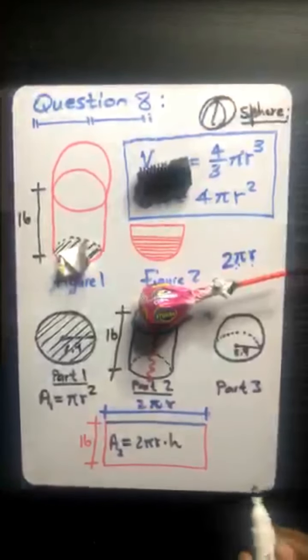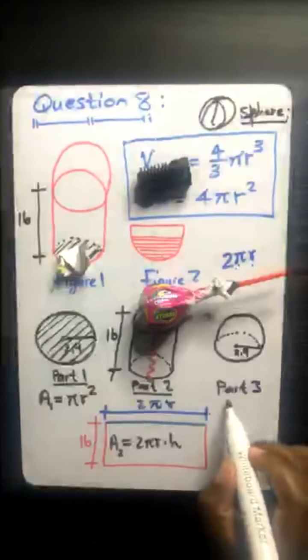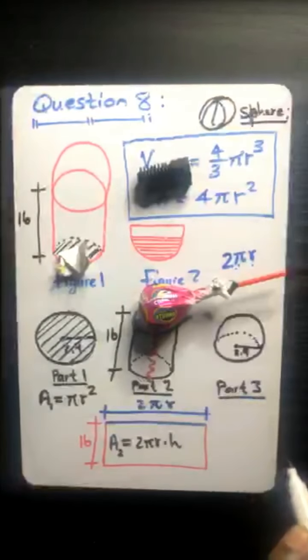Okay, so now let's move to part 3. What is the surface area for part 3?